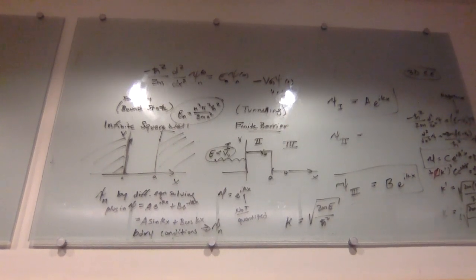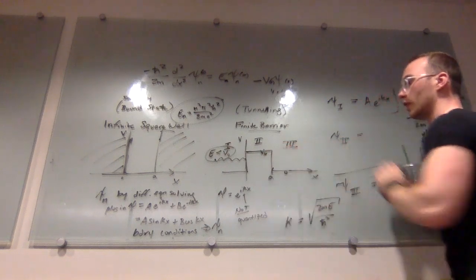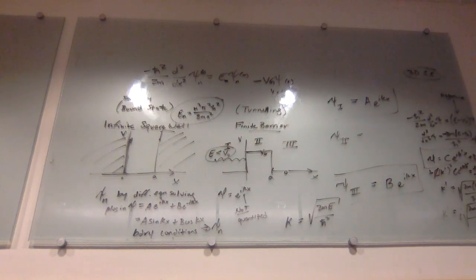Now we have to plug k prime back in to here, and notice that we had an i already, so the other i is going to make it a real exponential. Remember, e to the i things with x always give you oscillating things. Here we had waves. That's why I drew it like this, and I'm going to draw it like that too. But when we have e to a real number, that's a decay or an exponential growth.